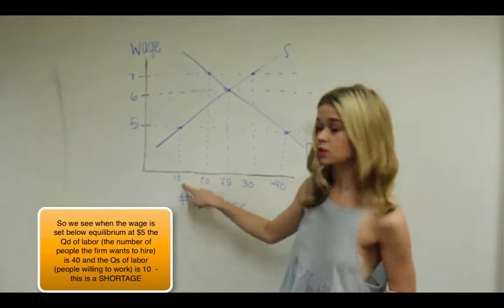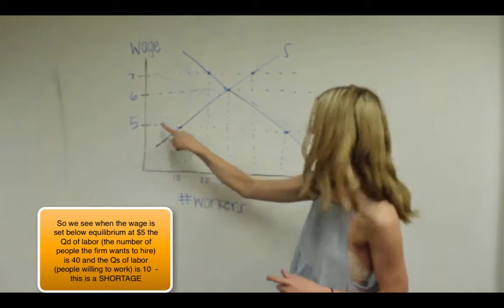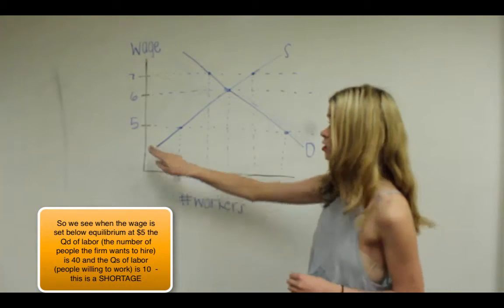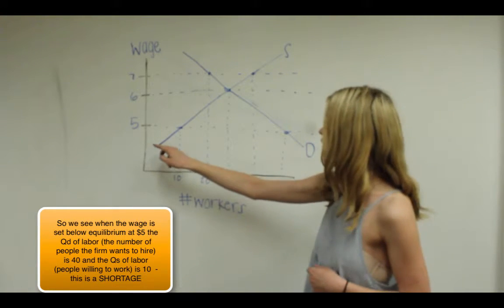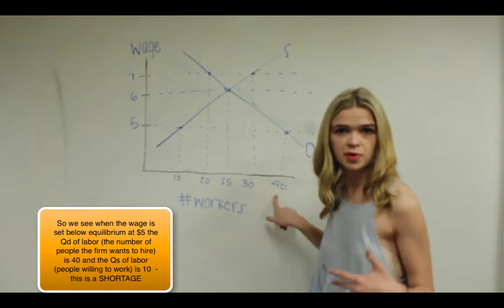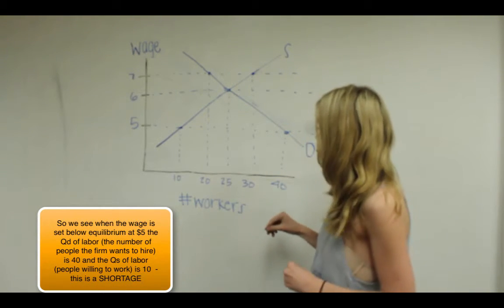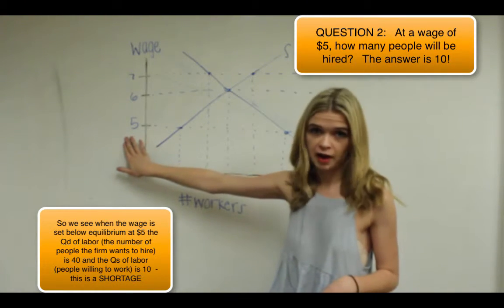Once again, that's just because that's where this wage, 5, meets the supply curve and where it meets the demand curve. Notice that at a lower wage, we have fewer people willing to work, and more people who want to hire you, because all of a sudden companies can get labor for a much cheaper price.